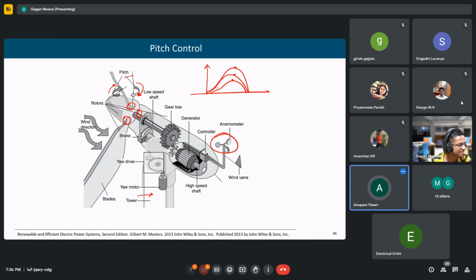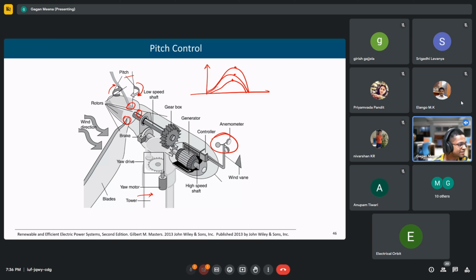So that is why it is said fixed speed wind turbine. Wind is always changing, so RPM is also changing. Here, wind speed is never the same.